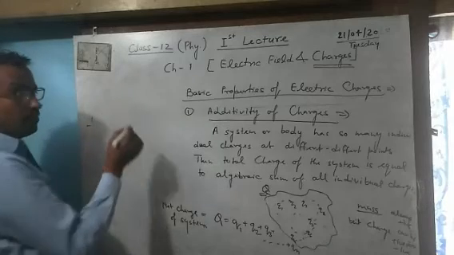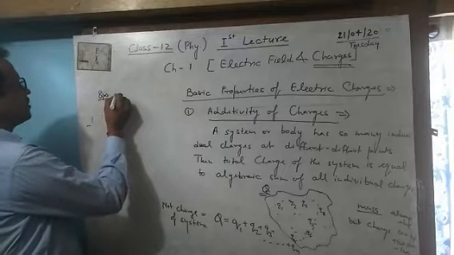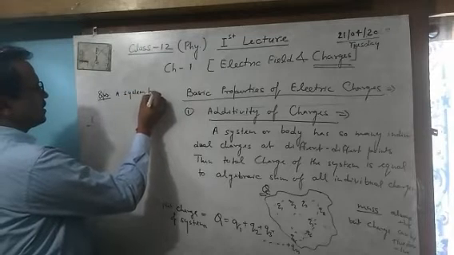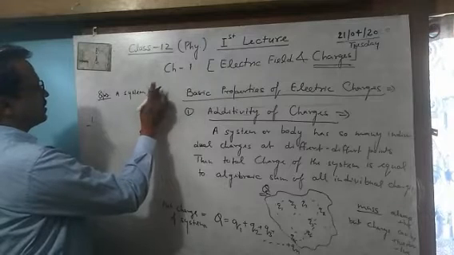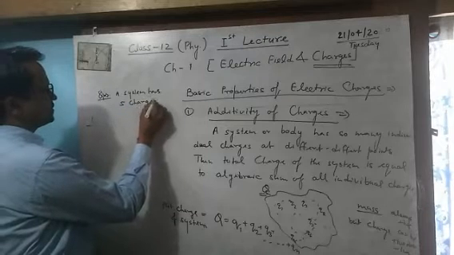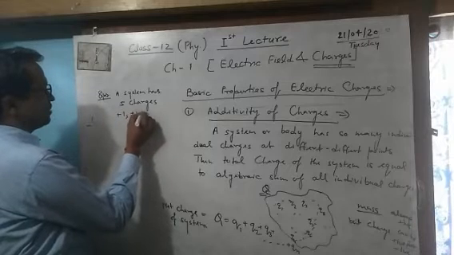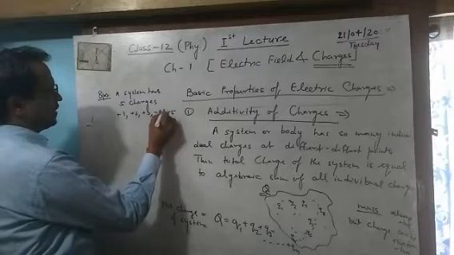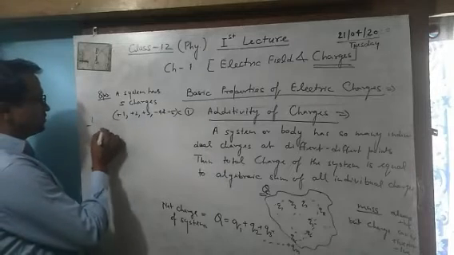अब इसको एक एग्जांपल से समझते हैं कि सपोज a system has 5 charges: plus 1 coulomb, plus 2 coulomb, plus 3 coulomb, minus 4 coulomb and minus 5 coulomb. So what is the charge of that system?